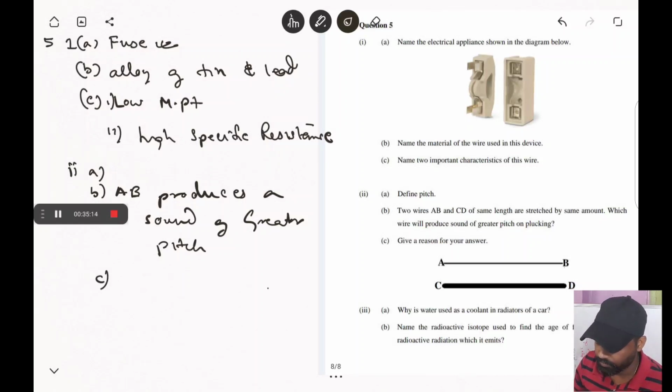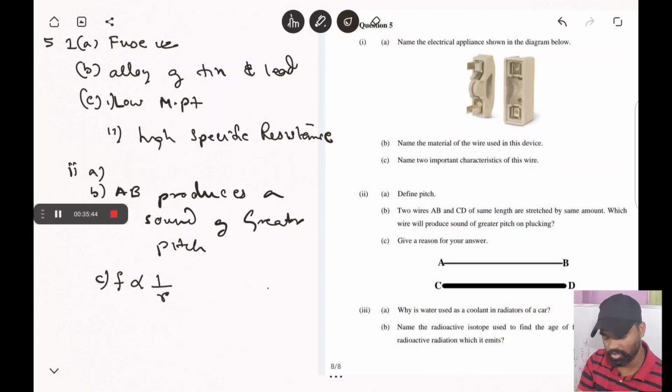Look over here. Both the wires are of the same length. Okay? Stretched by the same amount, but there's a difference in thickness. And we know the frequency of a wire depends upon thickness, inversely proportional. Frequency is inversely proportional to the thickness.